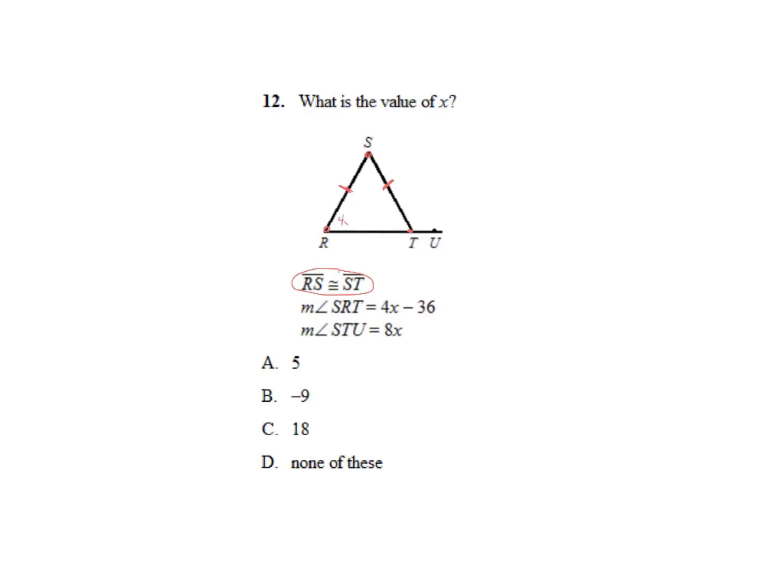is 4x minus 36. Now, by them telling you it's an isosceles triangle, and giving you this SRT angle here, it basically tells you whatever this angle is here will be the same here. So we could also call this 4x minus 36.